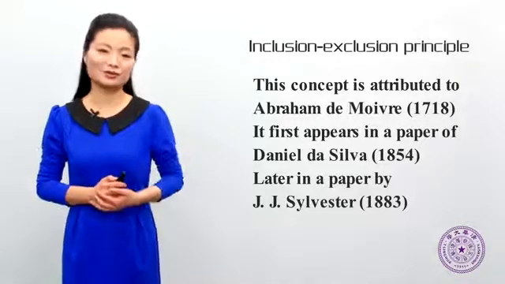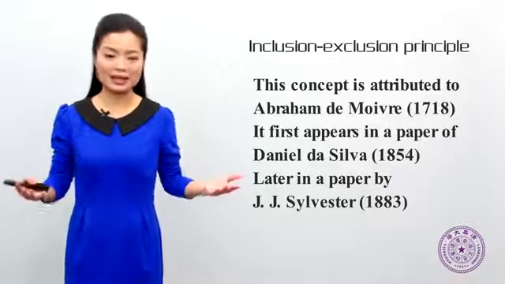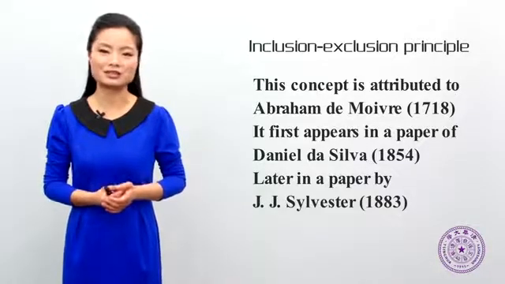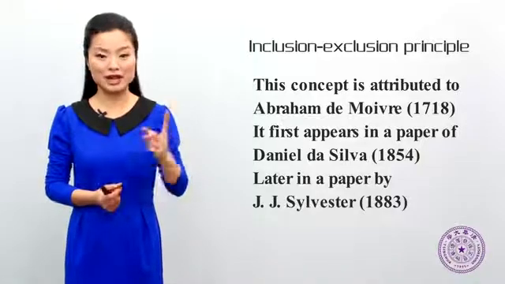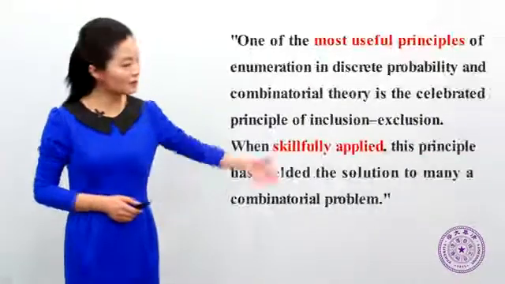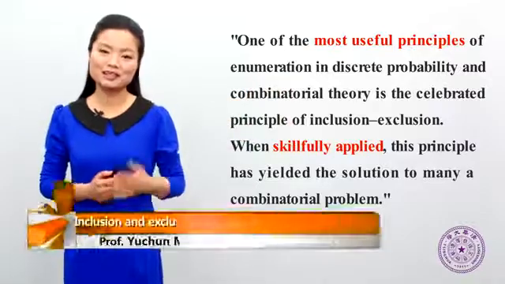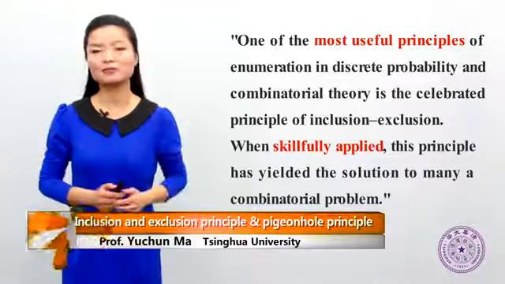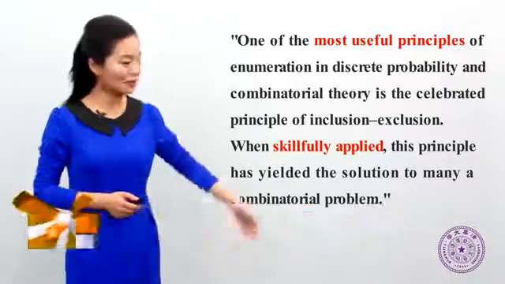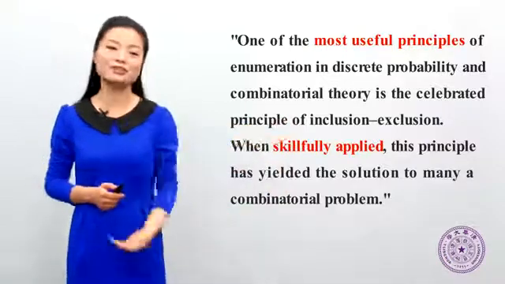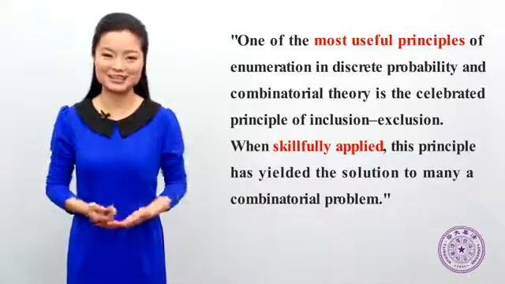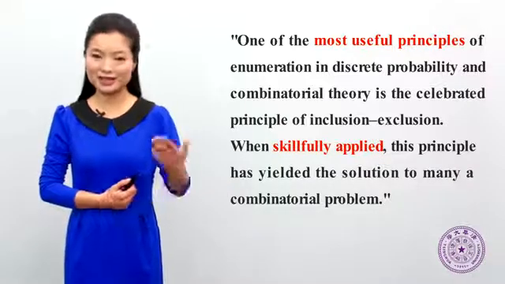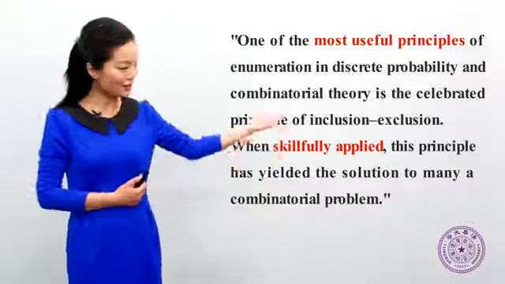At that time, people judged that although IEP only used simple ideas of inclusion and exclusion, it was very useful. One mathematician said that IEP is actually one of the most useful methods in combinatorics and probability. If you master this simple principle very well, you could solve a lot of problems in combinatorics. So for that, next time we will look at how elegant IEP can be.